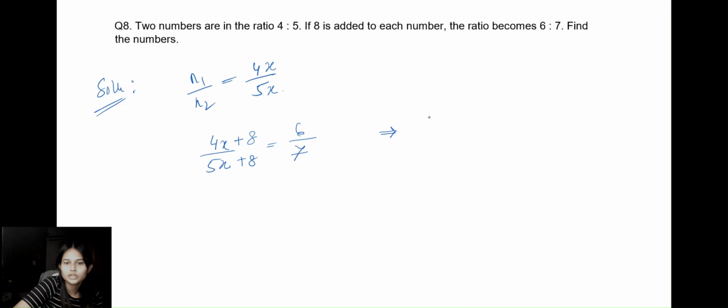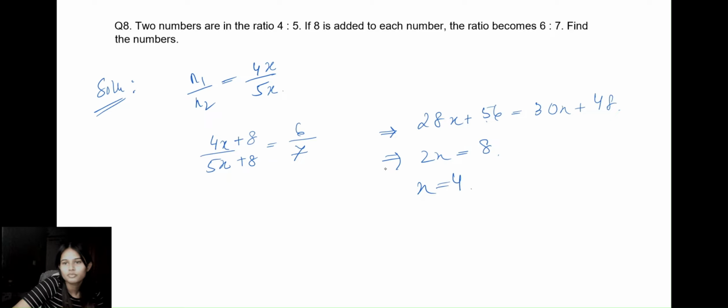So we can evaluate this and get the answer, that is 28x plus 7 8s are 56 equals 6 5s are 30x plus 8 6s are 48. 2x equals 48 minus 56.